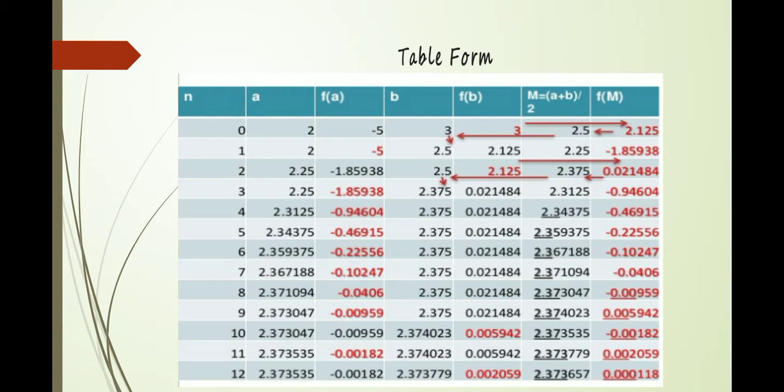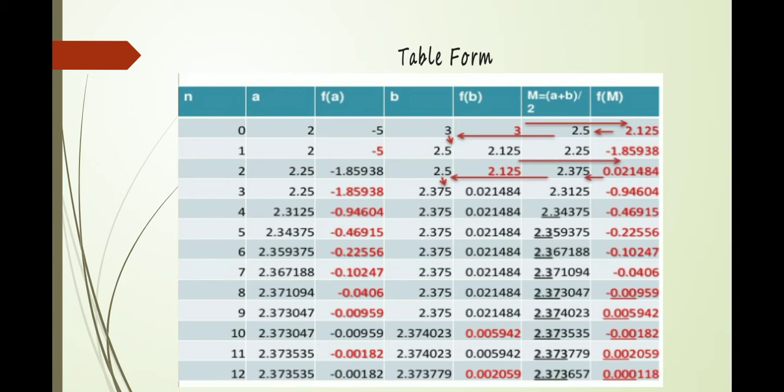In the above iteration 2.25 has a negative value. Therefore the root lies between 2.25 and 2.375. Taking the average of this, we get the value 2.34375. Again find out f of 2.34375, which is less than 0, a negative value.